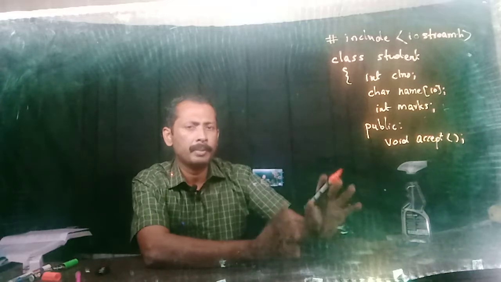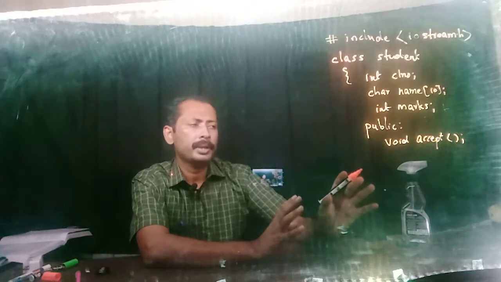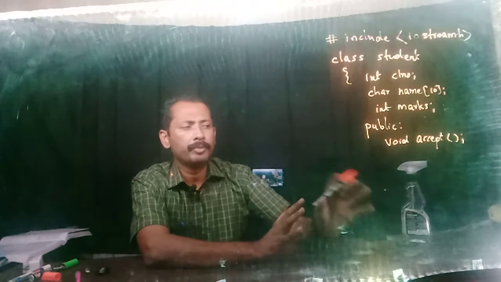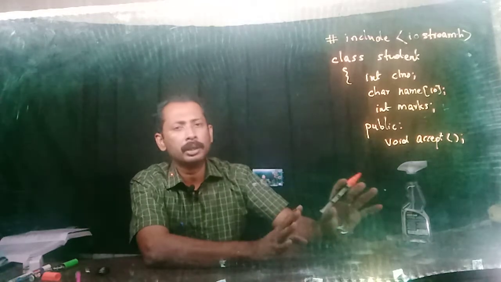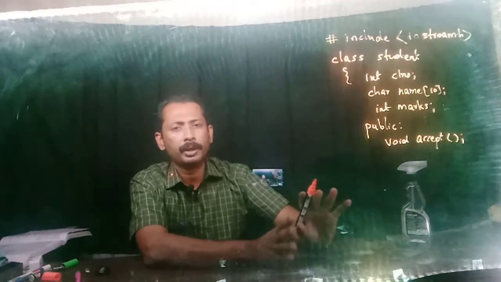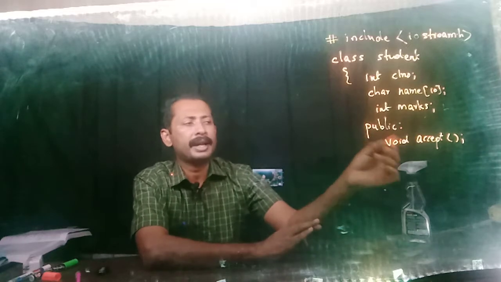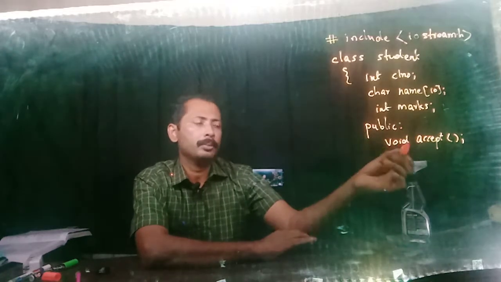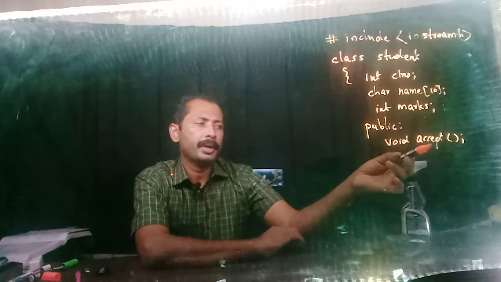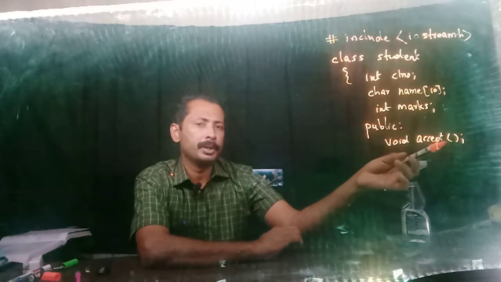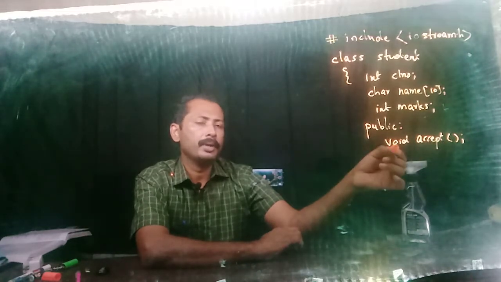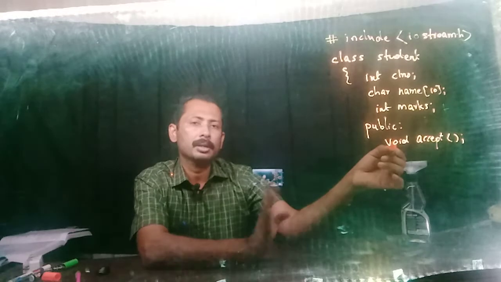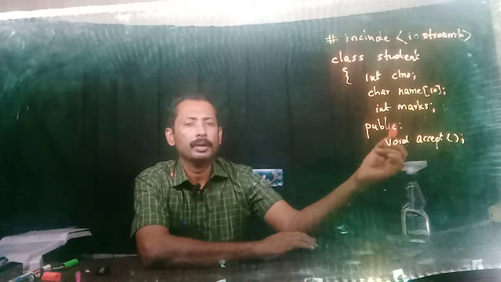Whatever we give in brackets will be the parameters. So it has no parameters, and after execution it returns nothing to the calling place. That's void. So void accept means a function named accept which does not accept any parameters, and has a return type of void.